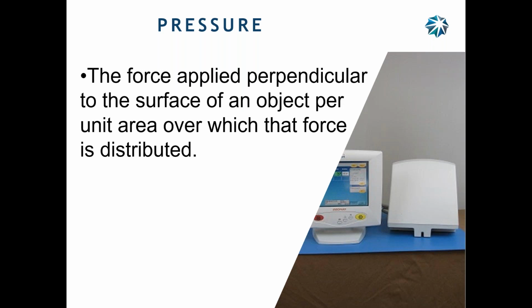The skinnier the tube, the more pressure is needed to maintain that flow rate that you want. The smaller the diameter, the more pressure is needed to maintain the flow rate of what you want.